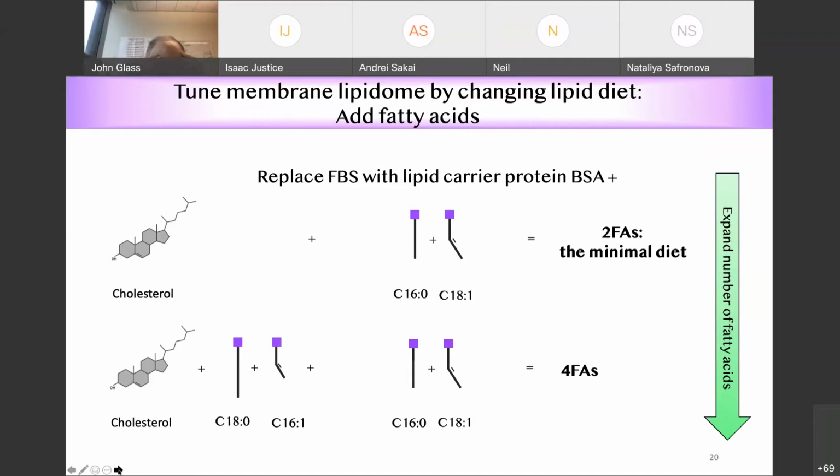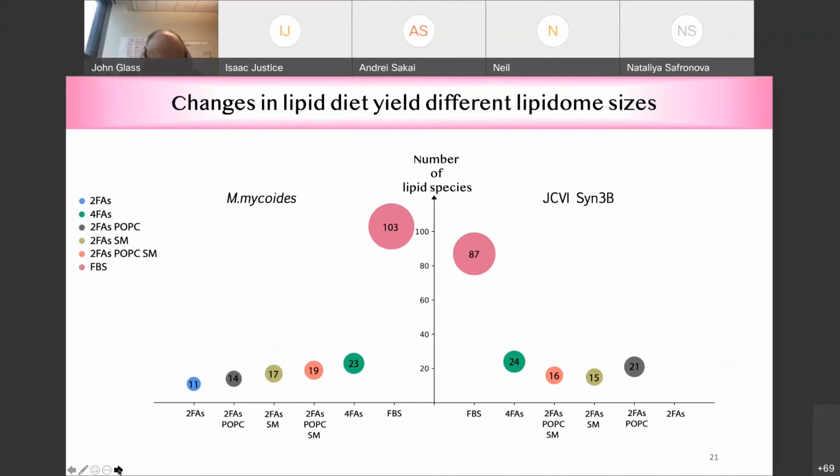So when we fed this diet to the mycoplasma and the minimal cell, shown here in green, we figured out that both can grow well on this diet. So 4 fatty acids is enough to support the minimal cell growth. And this diet also produces the largest lipidome in mycoplasma among all the defined lipid diets.